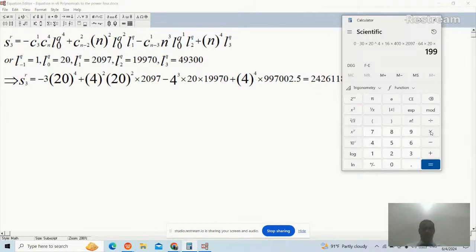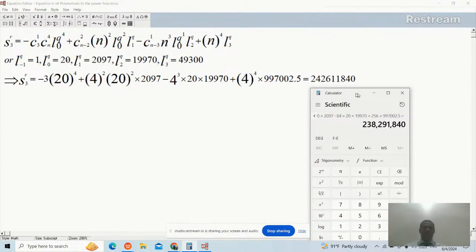Then plus, learners, 4 raised to the power 4 is 256, times 997,002.5. This one will give us exactly, we'll check this one.